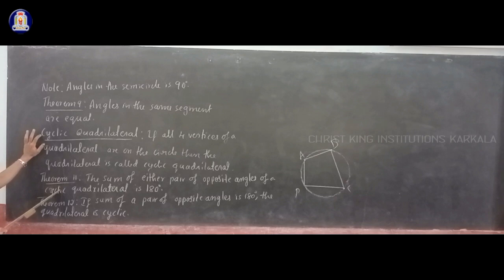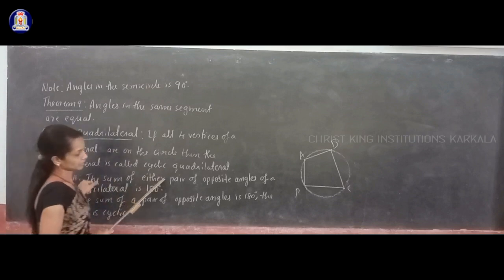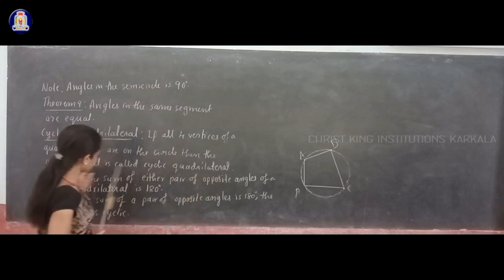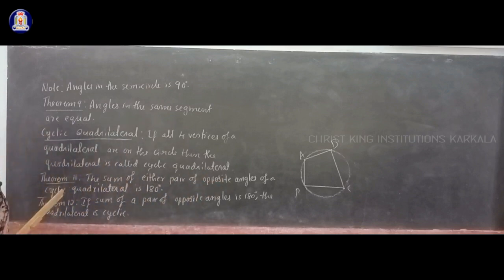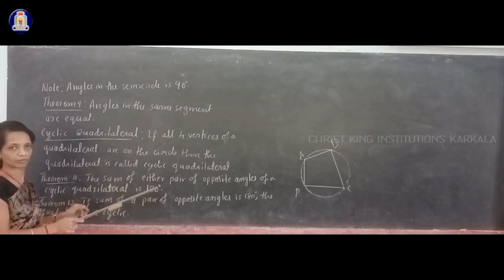Next you have 2 theorems related to a cyclic quadrilateral. The sum of either pair of opposite angles of a cyclic quadrilateral is how much degree? 180 degree.